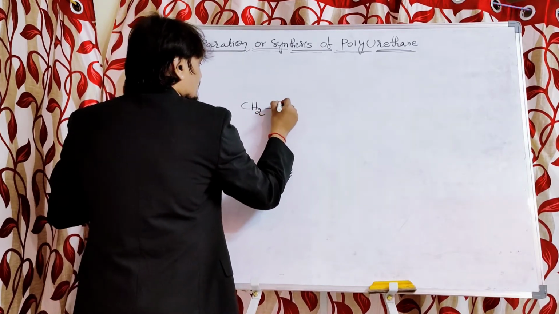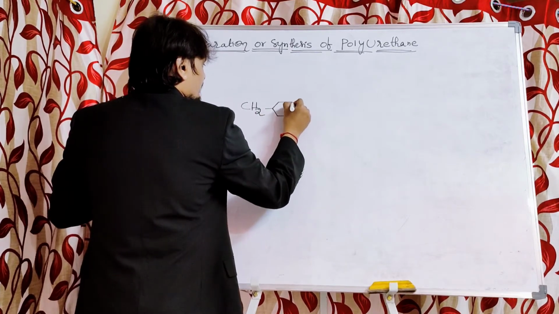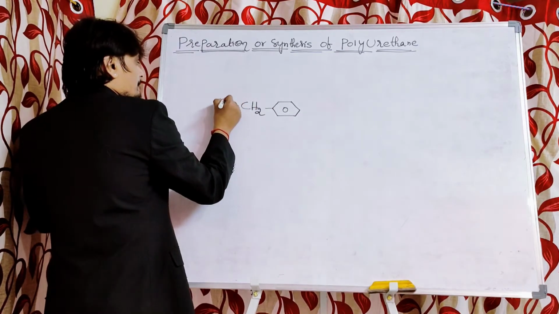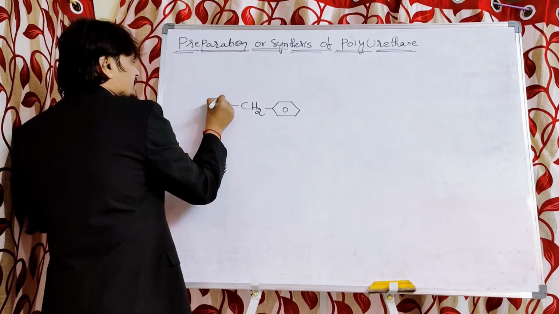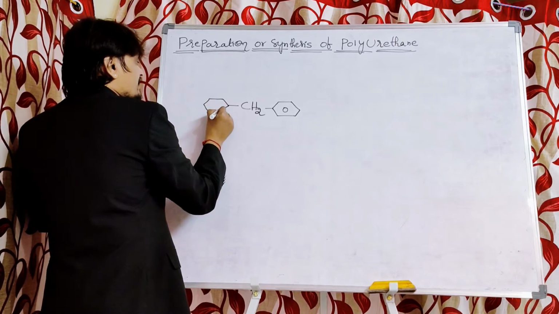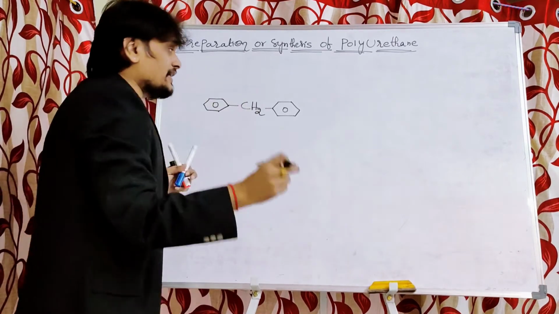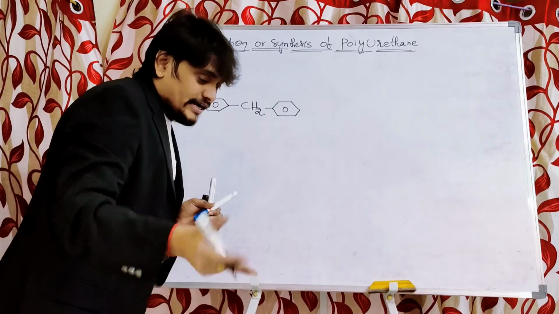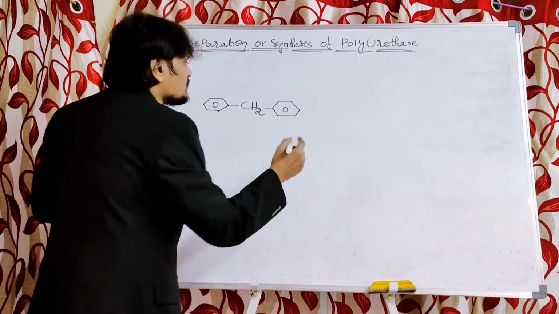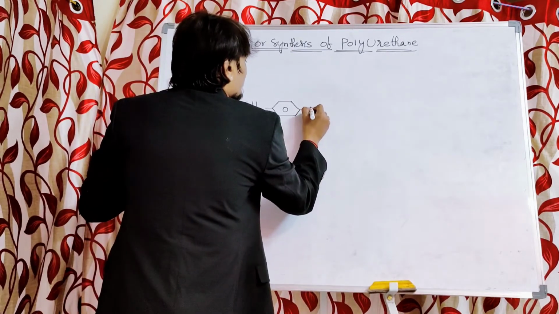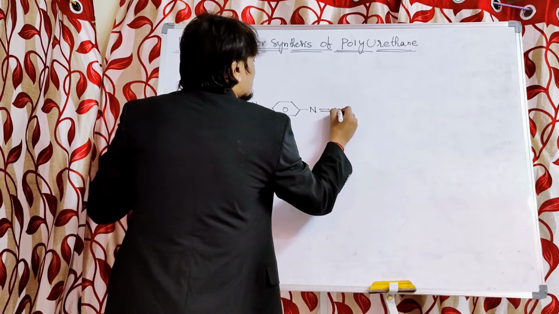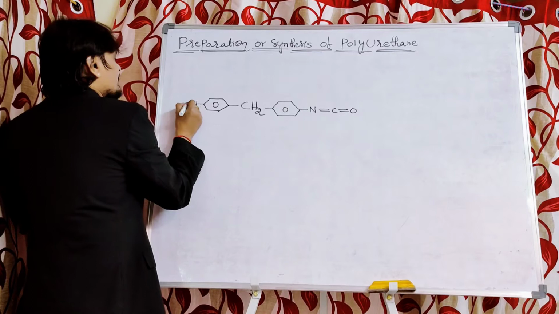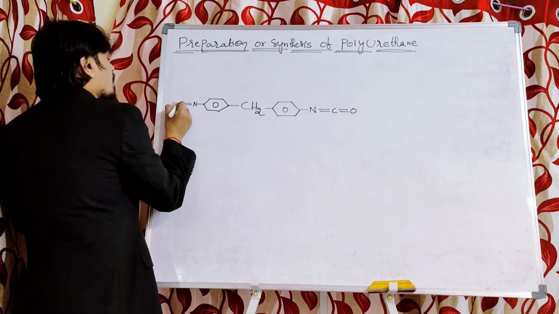Next, phenyl. What is phenyl? Already you wrote. I have told, benzene. Methylene and diphenyl. Diphenyl means two phenyls. And diisocyanate. Diisocyanate means two isocyanates. What is isocyanate? N double bond C double bond O. Here also N double bond C double bond O.